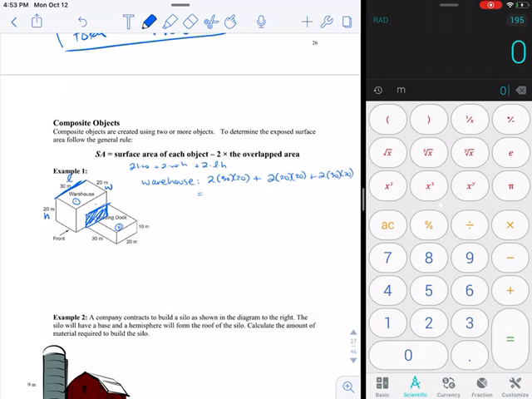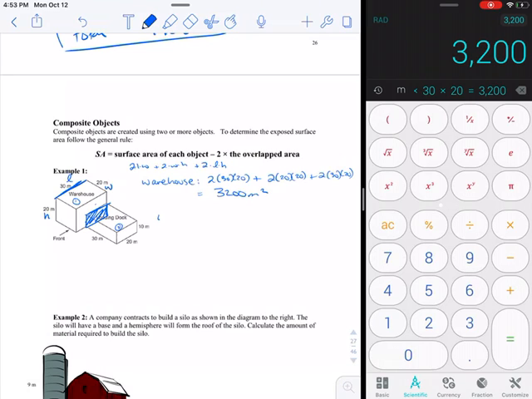So the warehouse, let's calculate this all out. 2 times 30 times 20 plus 2 times 20 times 20 plus 2 times 30 times 20. So the warehouse looks to be 3,200 meters squared.